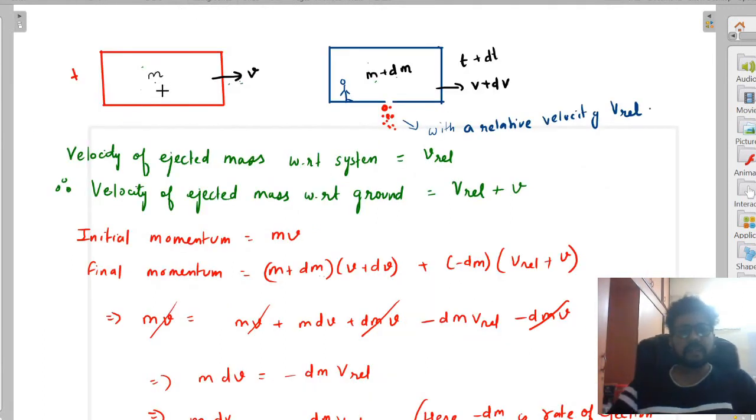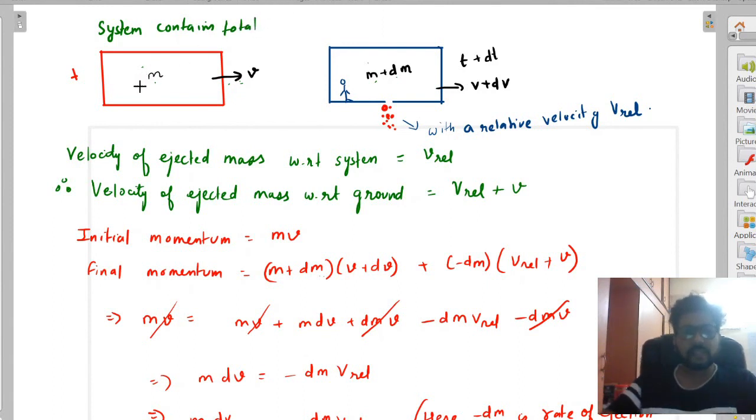Now see, your system contains the total mass, that means the mass which was initially present and also the mass which is ejecting. So the system contains the total mass.